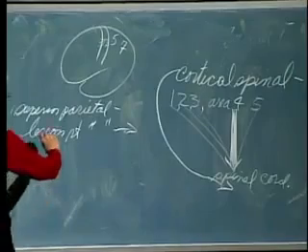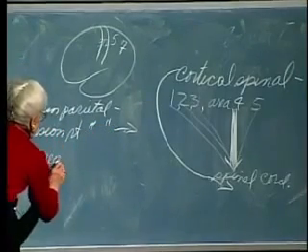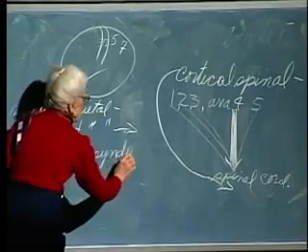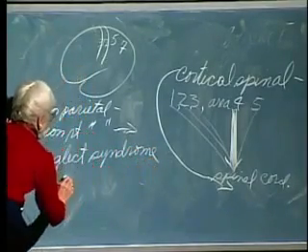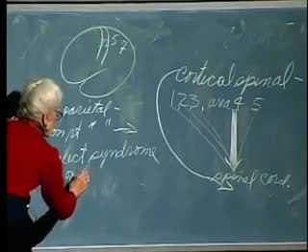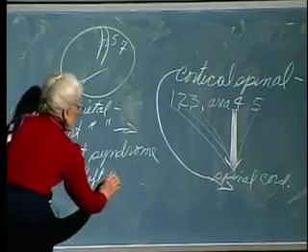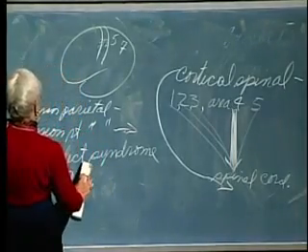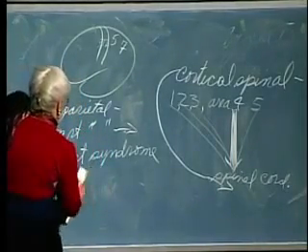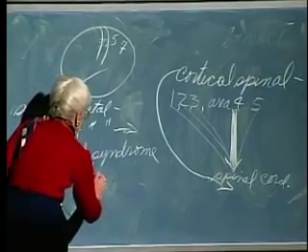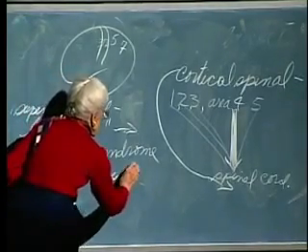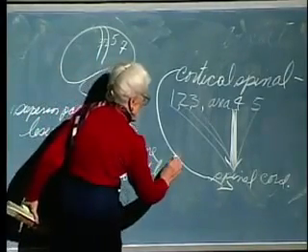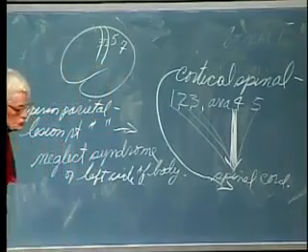So a lesion on right parietal, you'll have a neglect syndrome on the left side of the body.